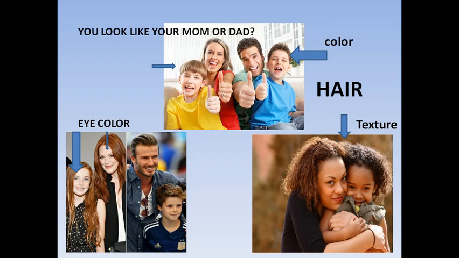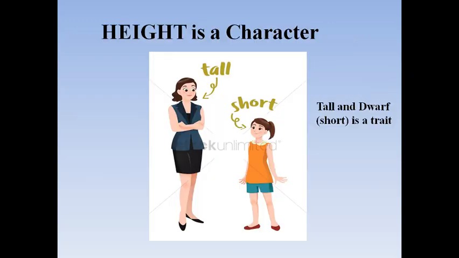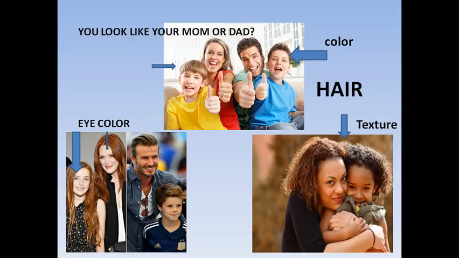Now, what do we exactly mean by traits or characters? For example, in this first family, see the boy, this boy has blonde hair, and the color of the hair matches with his mother, and this child has black hair like his father.